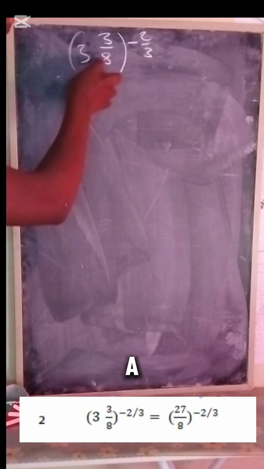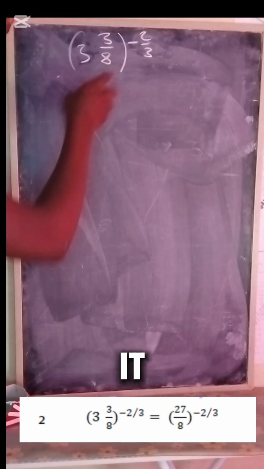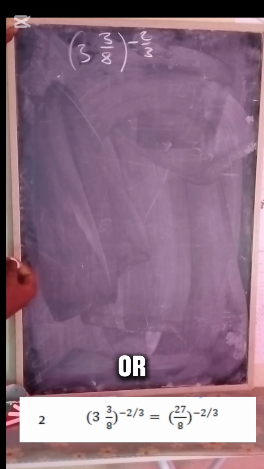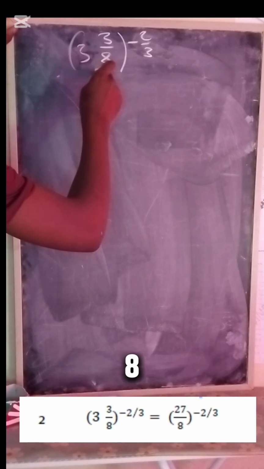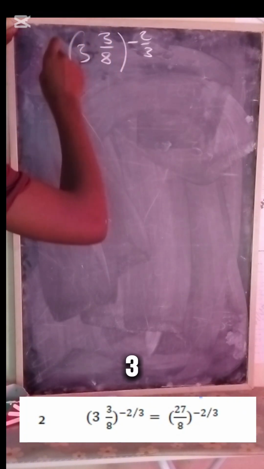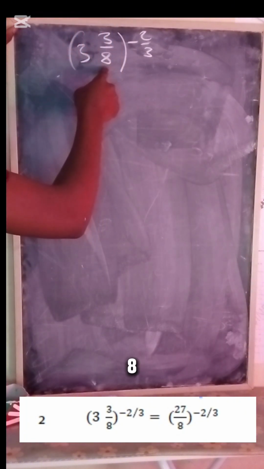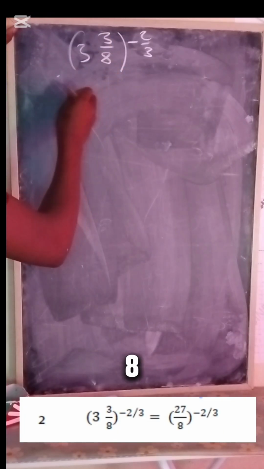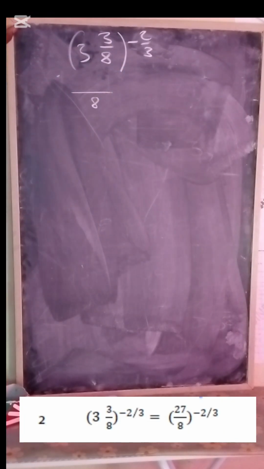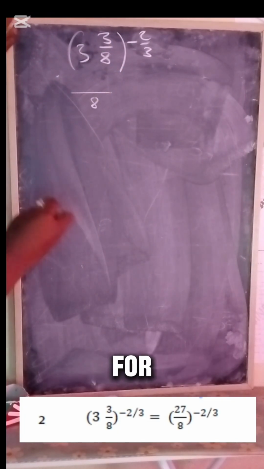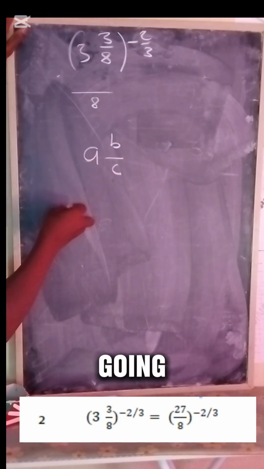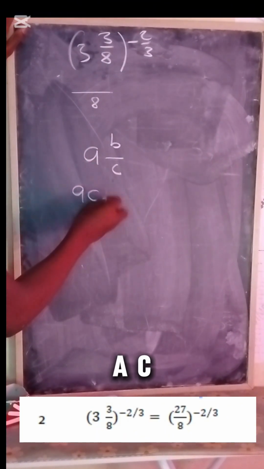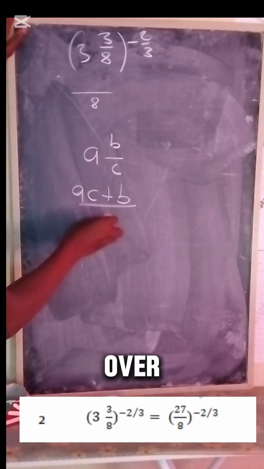This is a mixed fraction, so now you have to make it into an improper fraction. So you know that it's 3 times 8 plus 3, divided by 8. You know that 8 is underneath. For example, let's take a b over c.